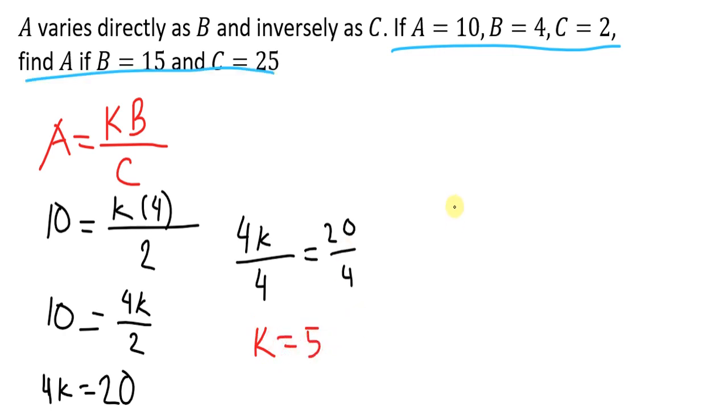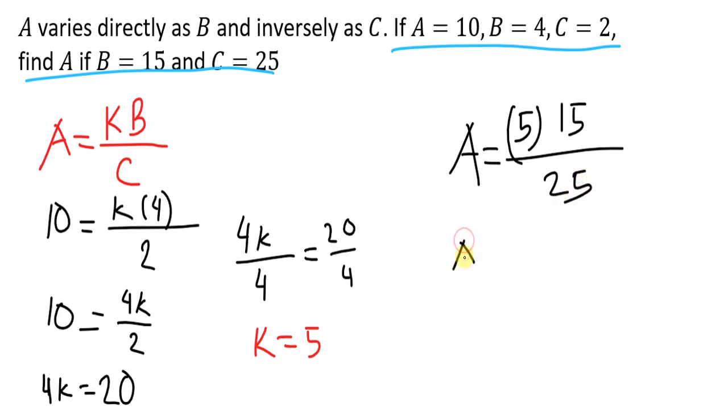Find A if B is equal to 15 and C is equal to 25. So, palitan lang natin yung B at C ng 15 at 25. At yung A is missing. So, A is equal to K is 5. Diba yung nakakompute natin? And B is 15. And C is 25.